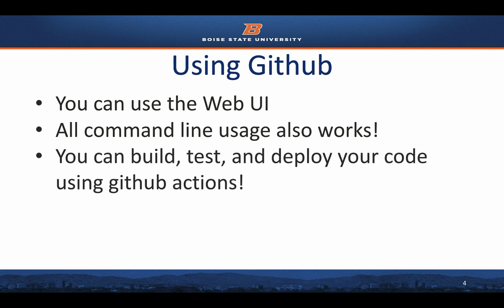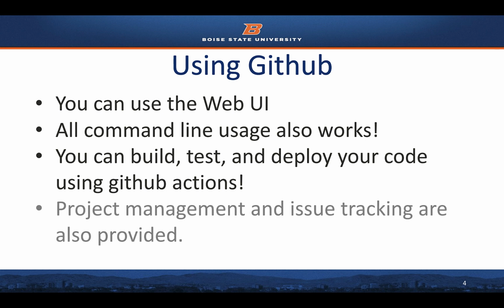One thing that GitHub adds as a bonus is GitHub Actions, where you can build, test, and deploy your code automatically. This is an extremely powerful setup where, if you have multiple teammates or multiple people in your company all writing code, every time they push the code, you can run automated tests so that you know your code is never broken.